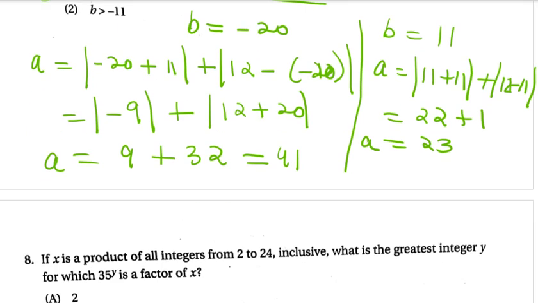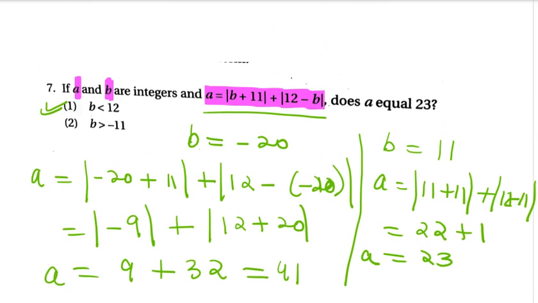So what is my second condition? My second condition says that B is greater than minus 11. I'm sorry about that. So we will take B greater than minus 11. I am trying to think of a number. Let's say 20 if I take.